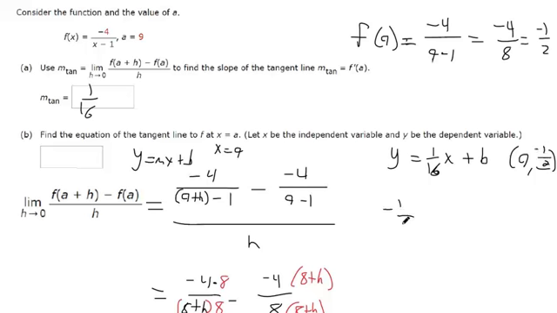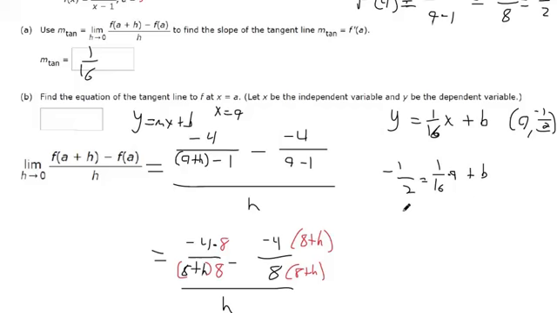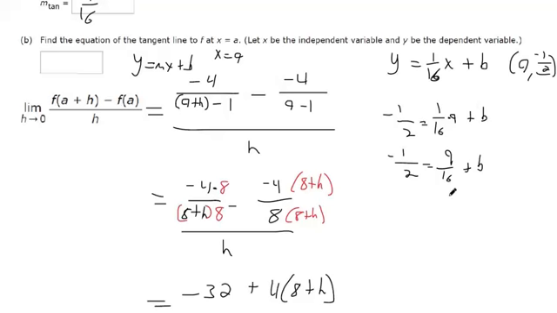So that's the point you can plug in to find out what b is. So I plug in negative 1/2 for y. Plug in 9 for x. So this is negative 1/2 equals 9 over 16 plus b. So you can subtract 9/16 from both sides, and I'm going to turn this into a fraction with 16 as the denominator, so that's negative 8 over 16, and I'm subtracting 9 over 16 from both sides.